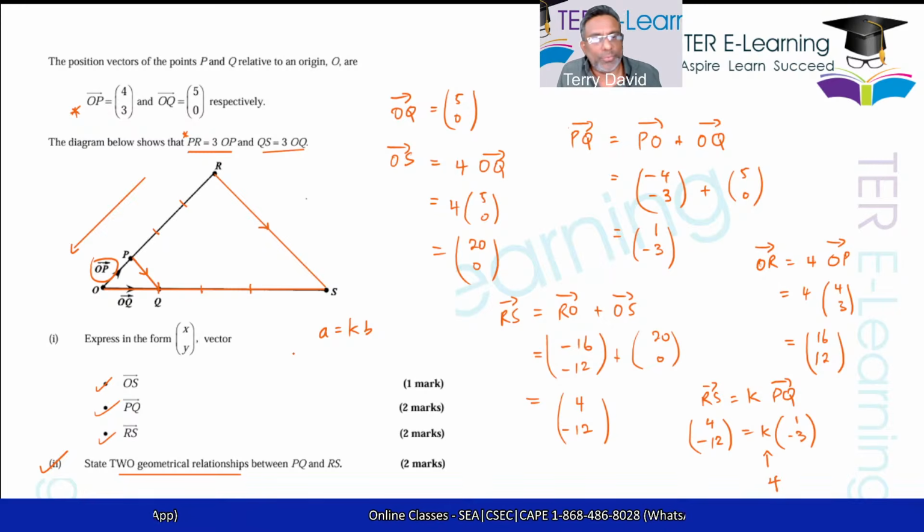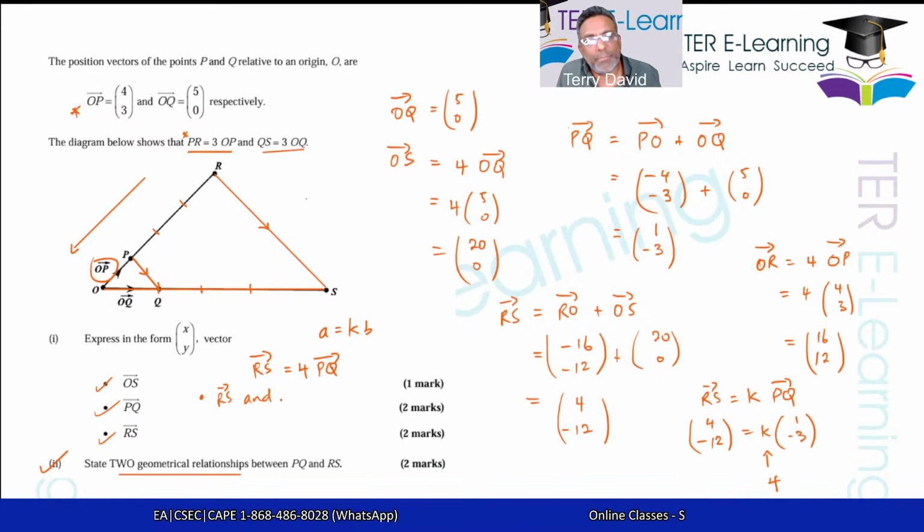So what we are saying is that the vector RS is equal to 4 times the vector PQ. Whenever you are able to write something like that, you can see that the vectors are parallel. So the relationship they're talking about here is that RS and PQ are parallel.